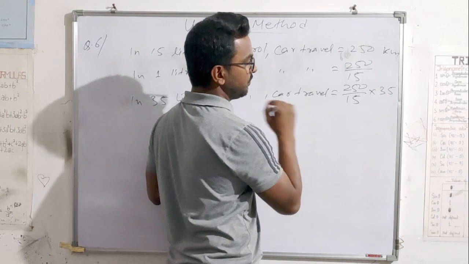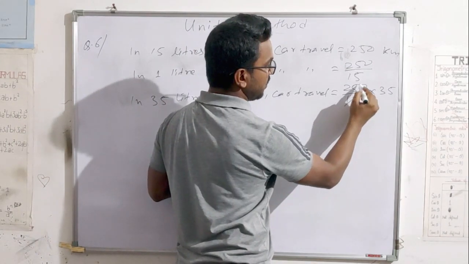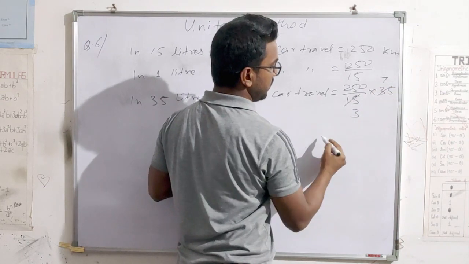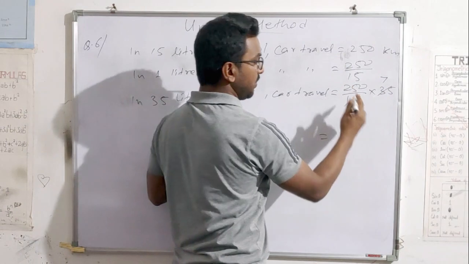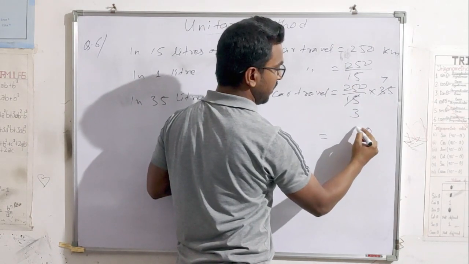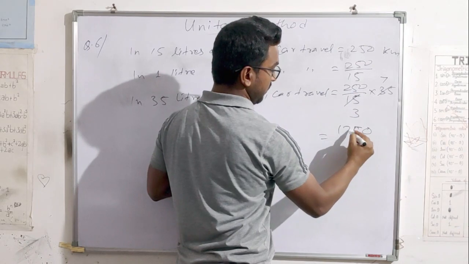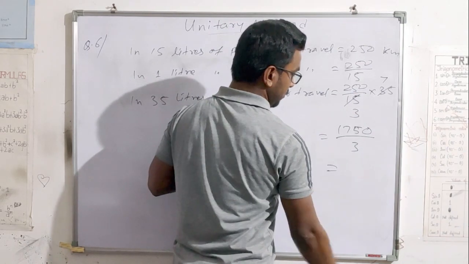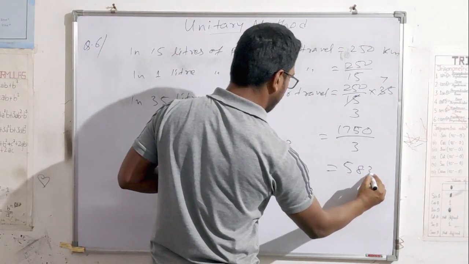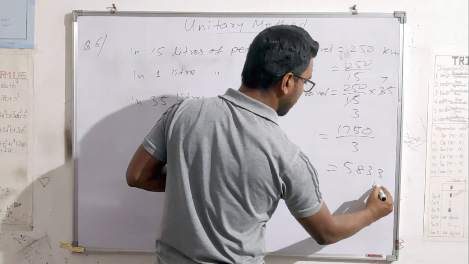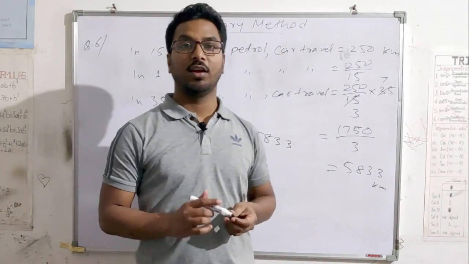Okay, so if you cancel, 5 threes are 15, 5 sevens are 35, so you cannot cancel anymore. So if you multiply this one, it will be 35 into 250 by 15, divide this one, it will be 583.3 kilometers. It will travel 583.3 kilometers.